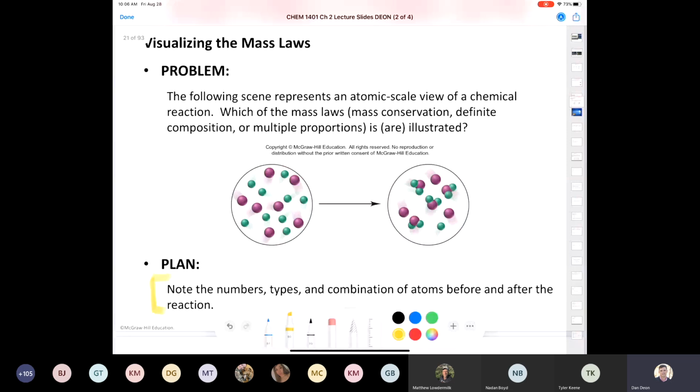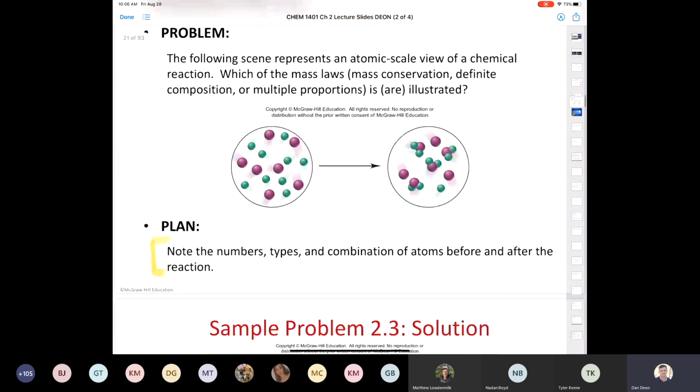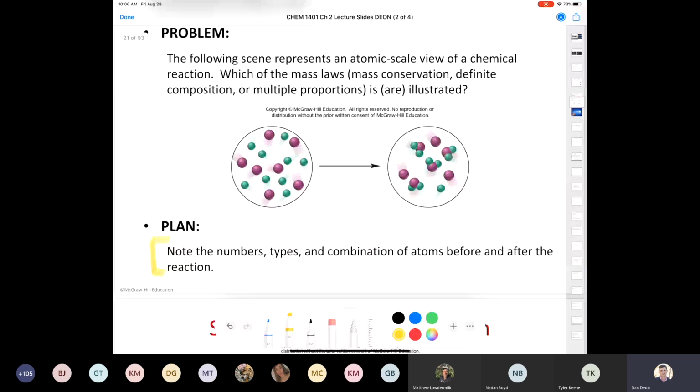It might not be intuitive, but what the author of our book is saying here is to make a special note of the numbers and the types and the combination of atoms before and after the reaction. For example, if we look at the reactants, you can see that we have 1, 2, 3, 4, 5, 6, 7. We have 7 purple atoms. I don't know what atom that is. And we have 4, 5, 6, 7, 8, 9 green atoms, right?